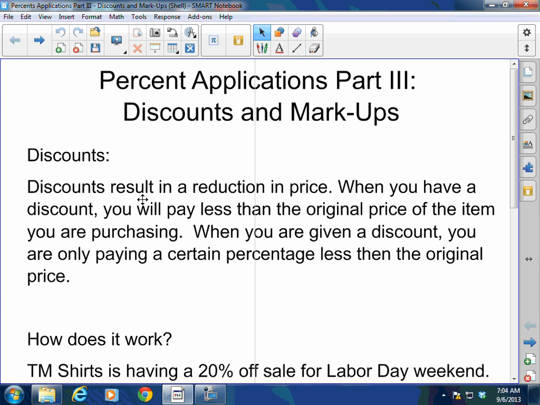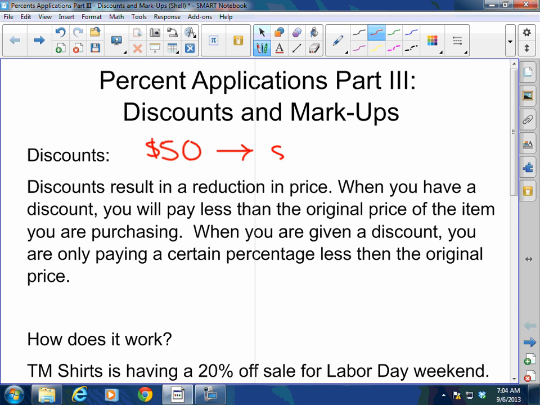Discounts. Discounts result in a reduction in price, okay? They tell you, regularly it's $50, but after the sale the price will be, for example, $30. So after a discount is applied, you're going to have a reduction in price.